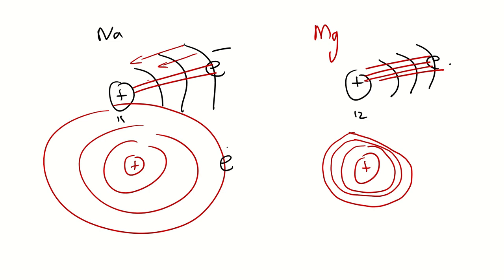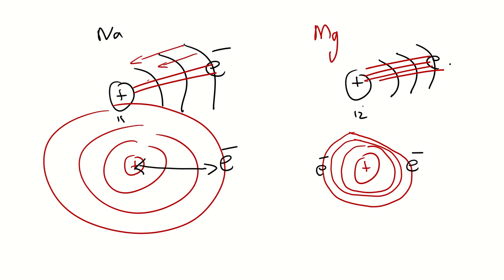Well, remember, when we're getting these things to react, it is the outer electron that we have to remove. So the sodium outer electron, not only is it held in by a smaller positive charge, less protons, it also happens to be further away from the nucleus, and that positive charge.